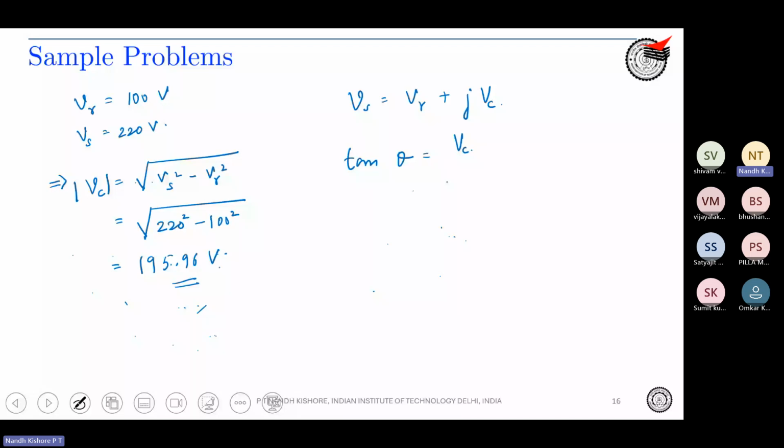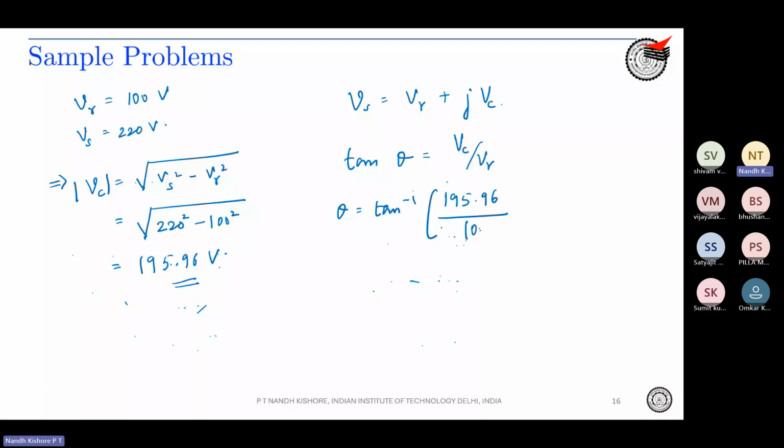Therefore, theta is equal to tan inverse of VC, 195.96, divided by VR, 100 volts. I am getting around 62.96 degrees. Is this question clear?